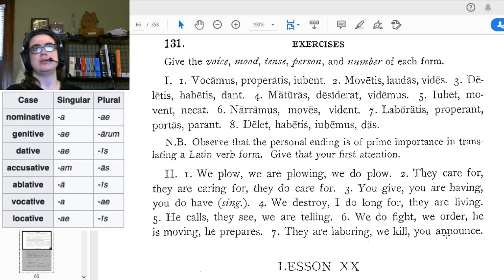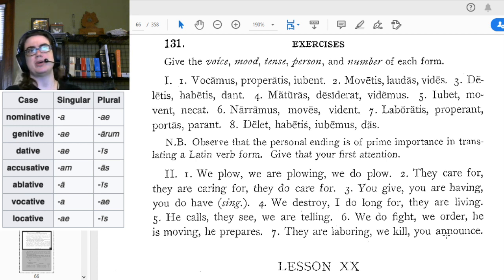Jubet, movent, necat. I'm not going to give the person, number, tense, and voice and mood. I'm going to translate, and you can hear what it is. He orders, they move, he kills. Narramus, moves, vident. We narrate, you move, they see.